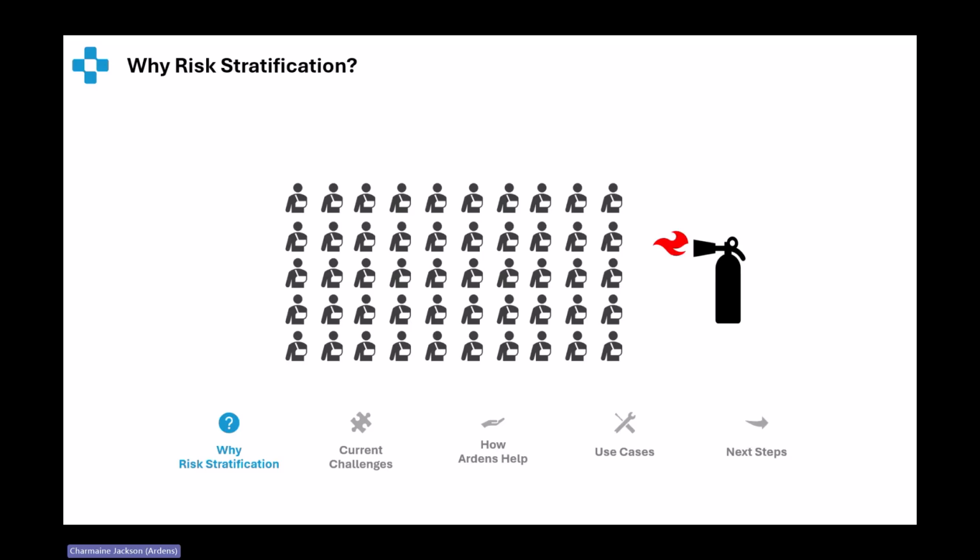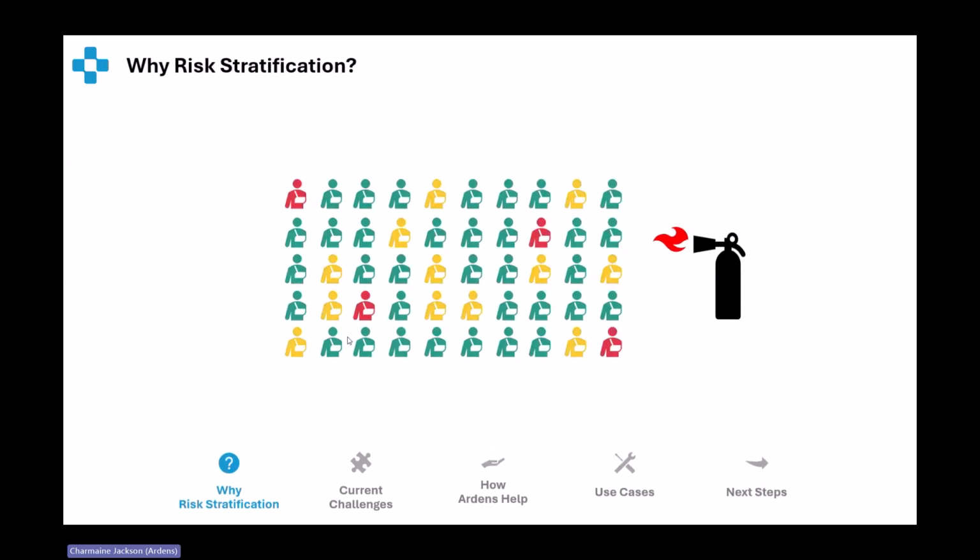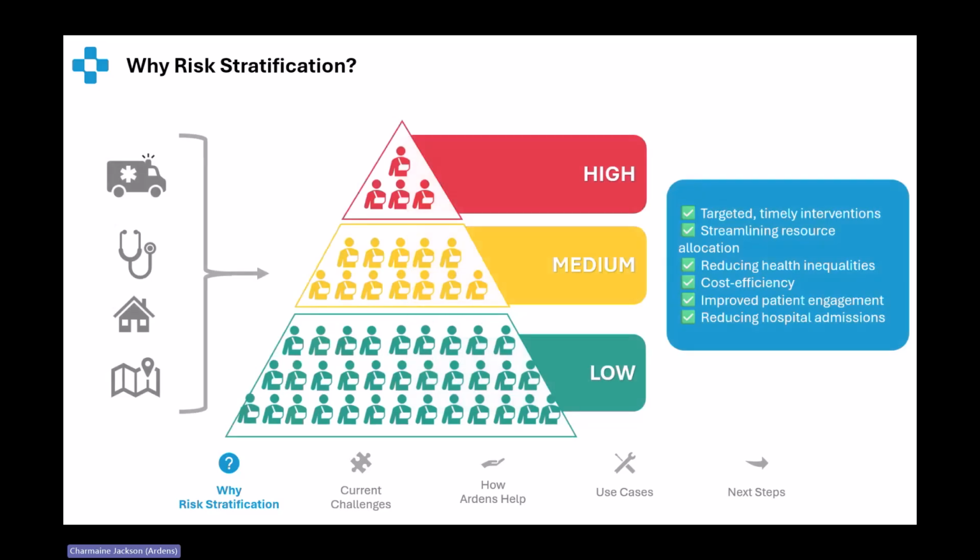This is all great in an ideal world, but the trouble is, as we know, there is a rising demand for this, and patients are arriving at all different times with all different complex needs, which means identifying those patients and understanding exactly what they need can be quite challenging as our population grows. So by risk stratifying, we're moving from a reactive approach to a more proactive approach.